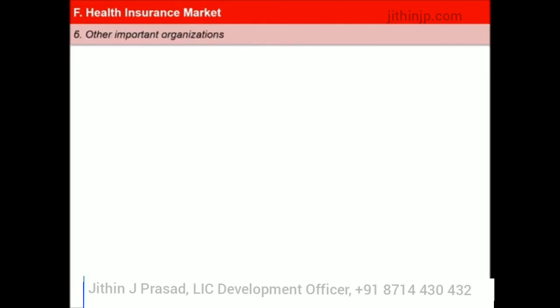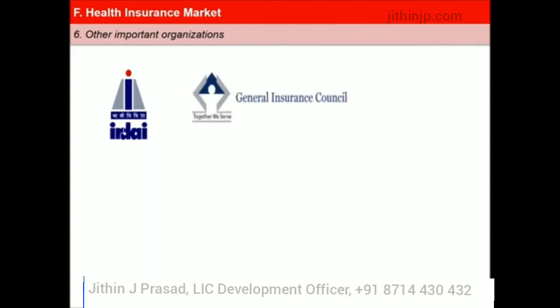Apart from all these categories, there are other important organizations in the health insurance market, which include: first, Insurance Regulatory and Development Authority of India, or IRDAI. It is the insurance regulator and regulates all business and players in the insurance market. Second, General Insurance and Life Insurance Council.